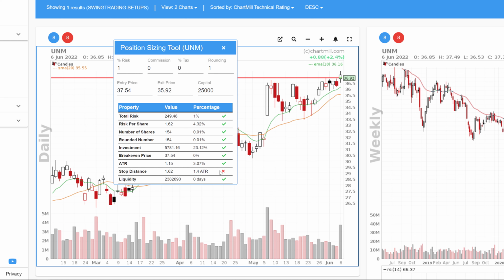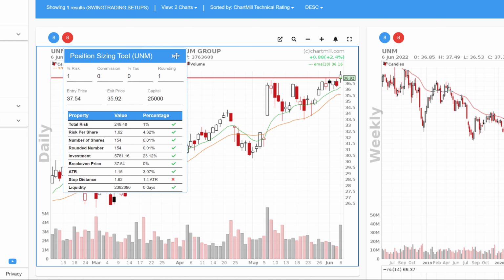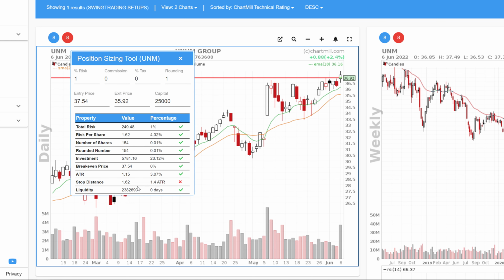My stop distance is too low according to the position sizing tool. The reason for this is that the average true range is $1.15, and you can only get a green check mark if your stop distance is at least 2 times the average true range.